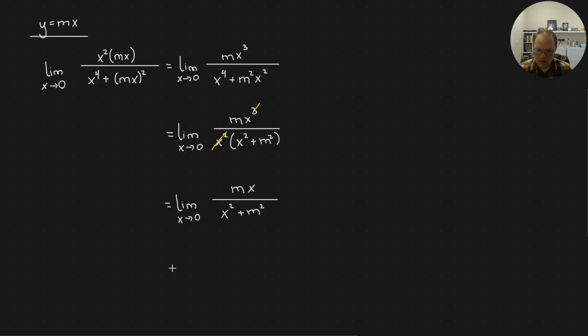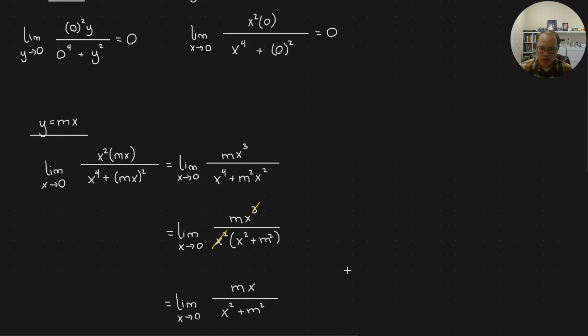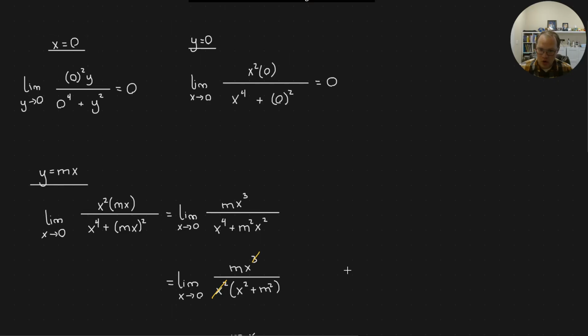Now if I plug in 0 for x, I get m times 0 over 0 squared plus m squared, which will be just 0. Okay, so the limit from every direction exists and agrees, right? They're all 0.